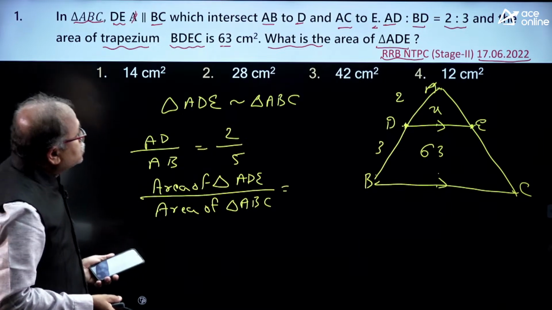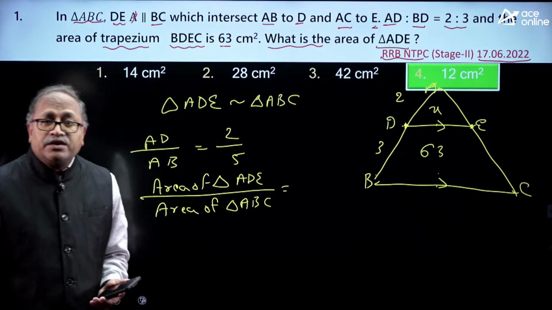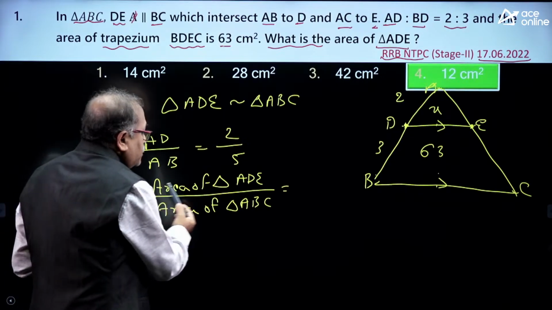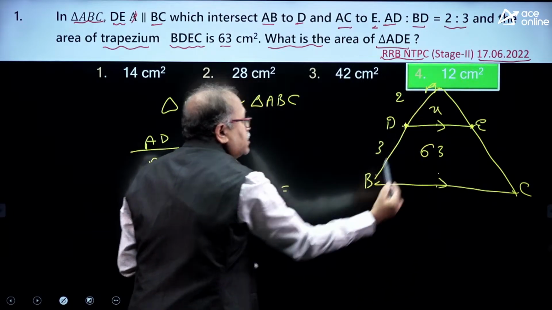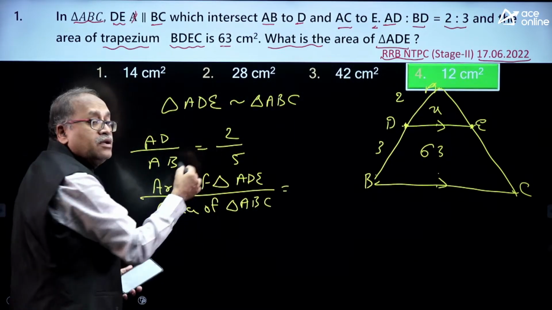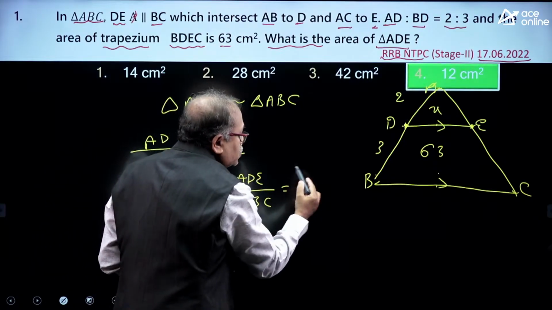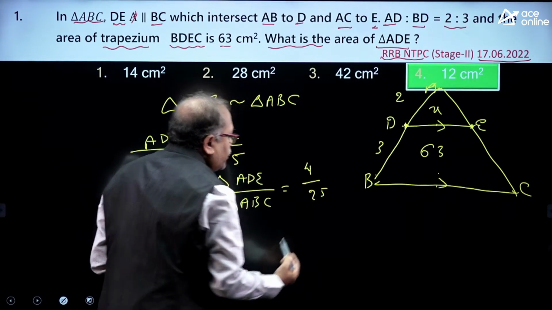That is 12, which means you are saying that 4 is the answer. Yeah, that's right. 4 is the answer. So that means you know that the area of the first triangle by the area of the entire triangle is nothing but the ratio of sides squared. So that is 2 squared, which is 4, and 5 squared, which is 25.